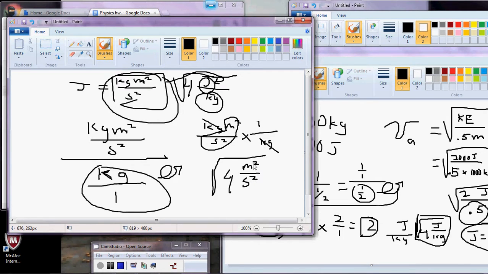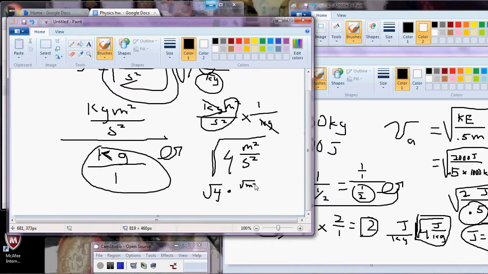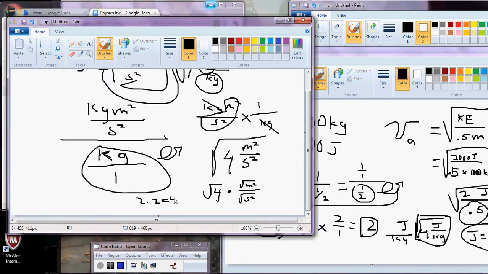Well, we're going to have to treat every radical, every square root, for itself. So we could say this: the square root of 4 times the square root of meters squared, over the square root of seconds squared. So 2 times 2 equals 4, correct?